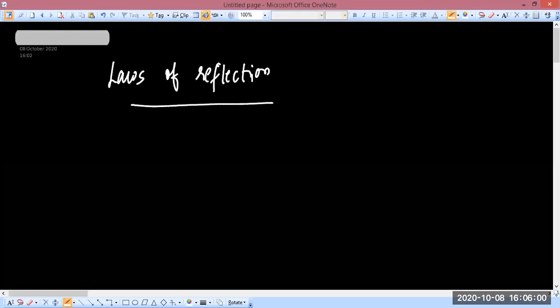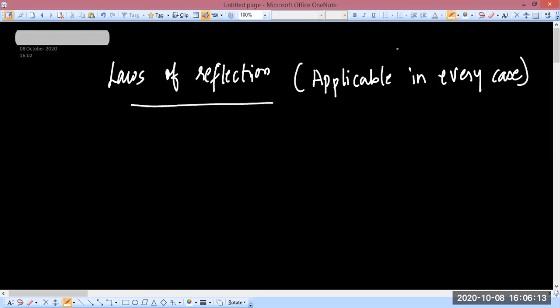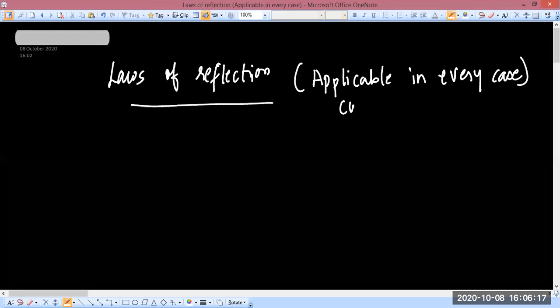Again, just to make it clear, the laws of reflection are applicable in every case, whether the mirror is curved or a smooth surface or a rough surface, everything. They are always applicable. Doesn't matter. So what are the laws?